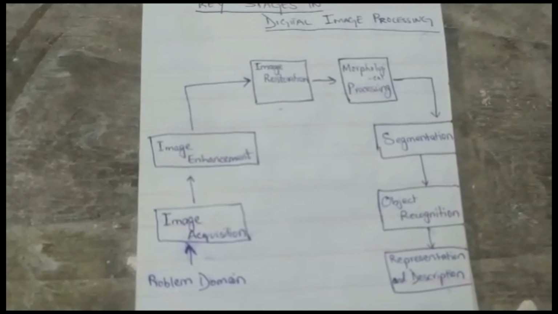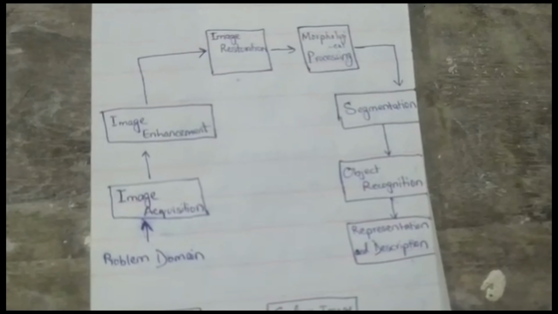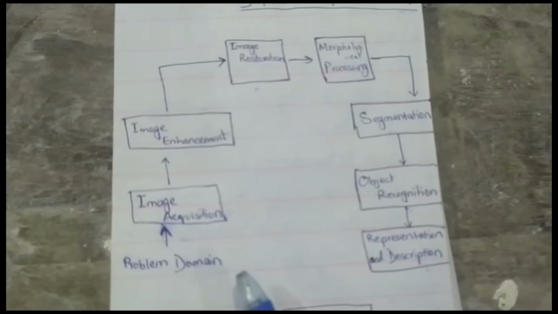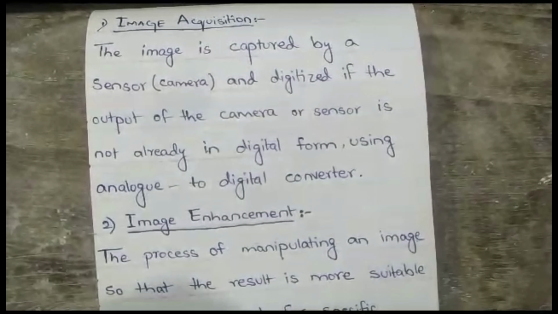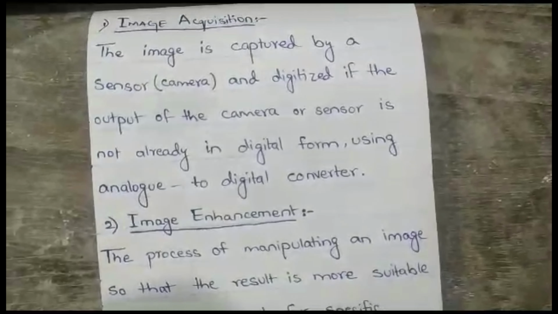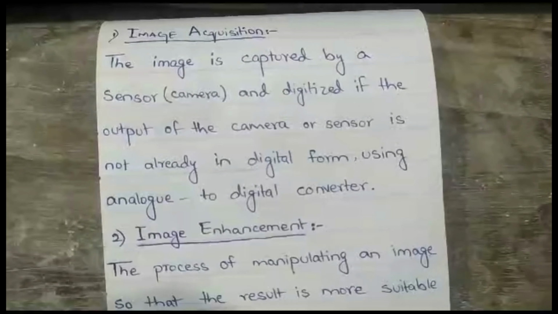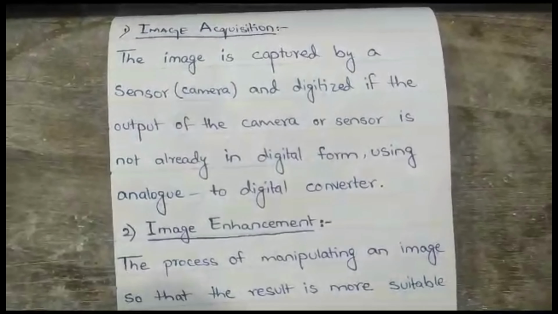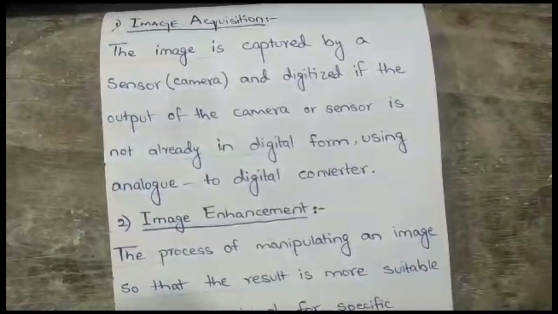So, moving further towards a brief introduction of these steps or blocks. First, image acquisition. As I told before, image acquisition includes acquiring images from a sensor, maybe a camera.